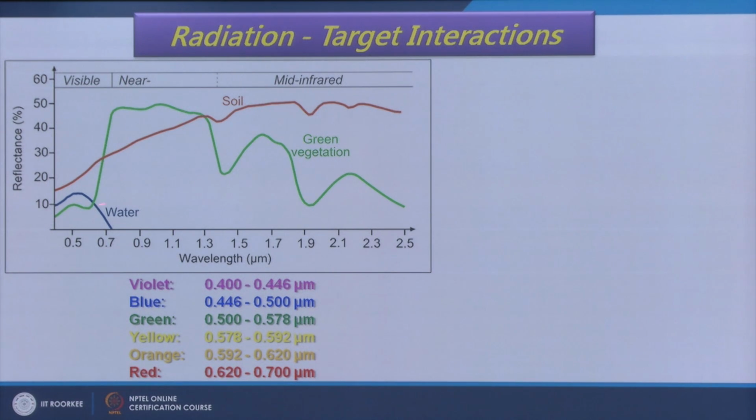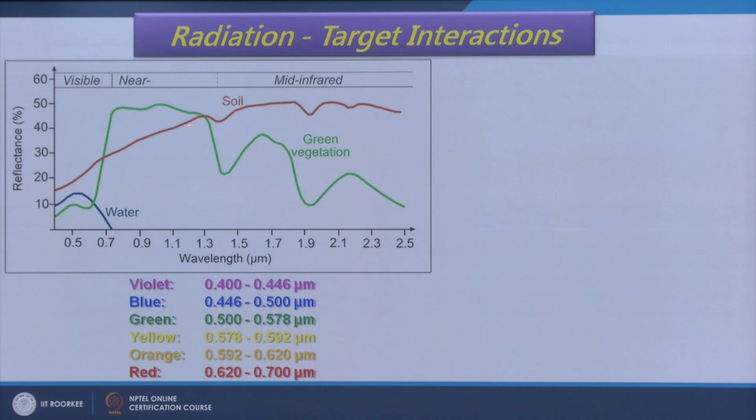Whereas vegetation is altogether different. There is an absorption by vegetation, but starting from 0.7 to about 1.2 or 1.3, it has the maximum peak, where you get the maximum reflection by healthy, green vegetation.